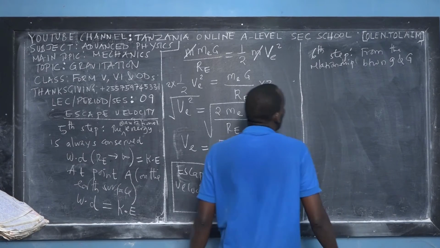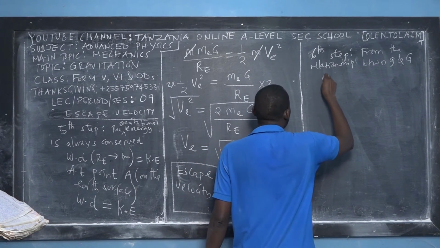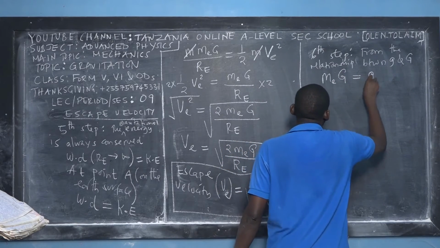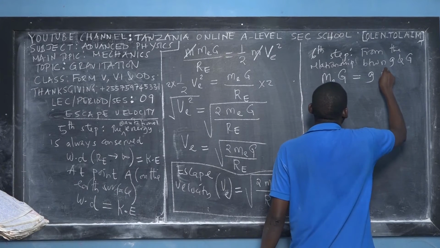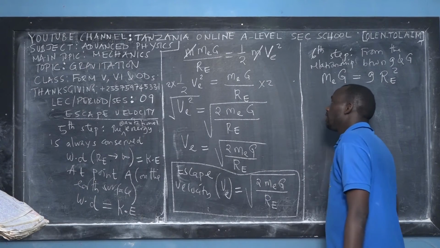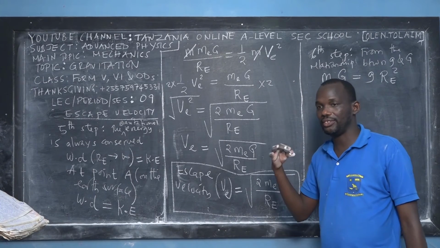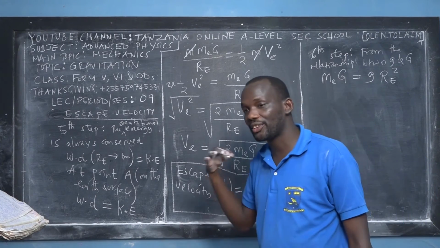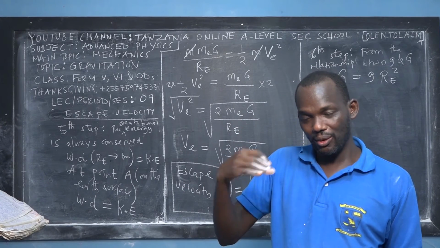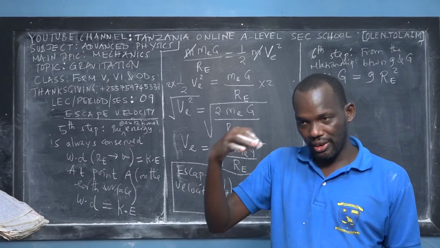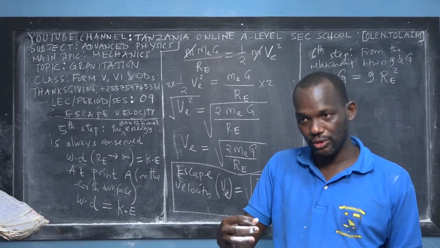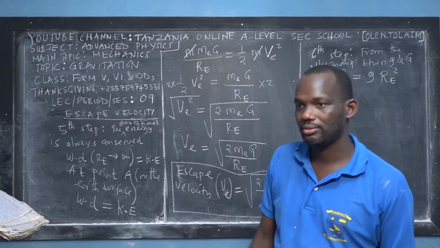I told you, and we derived it together, that the product of the mass of the Earth times the universal gravitational constant is equal to the acceleration due to gravity times the radius of the Earth squared. But this is valid on the Earth's surface, and the escape velocity is computed on the Earth's surface because it's the minimum initial velocity required to remove a body completely from the action of gravitational pull.